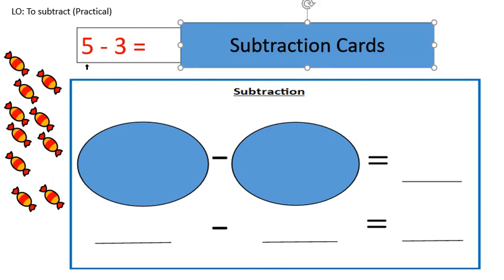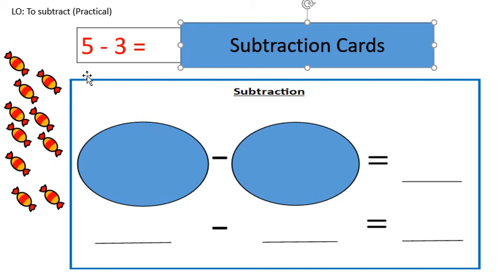This says 5 subtract 3 equals, and then we need to work out the answer. To work that out, this is where your objects are going to be handy.